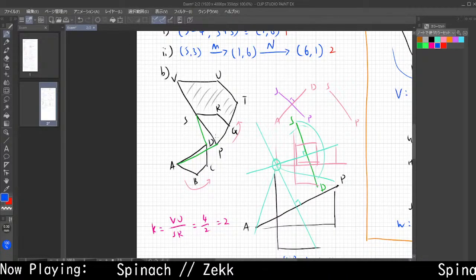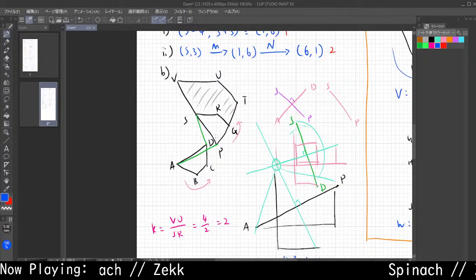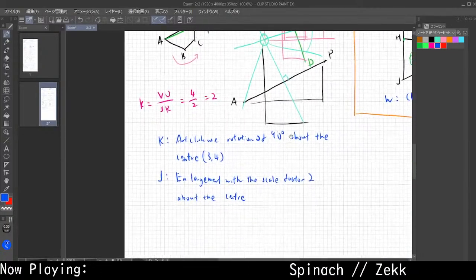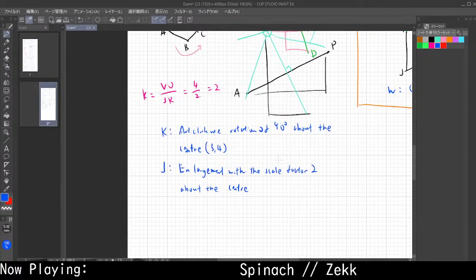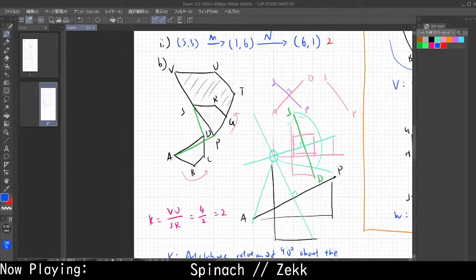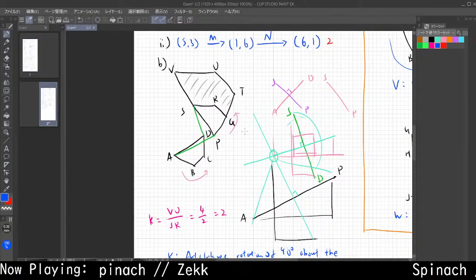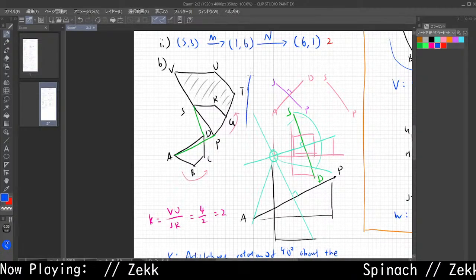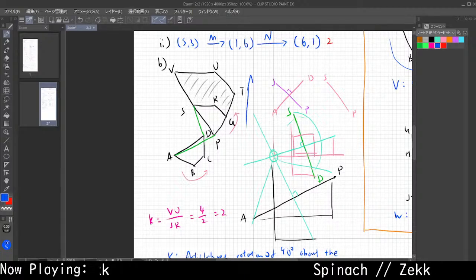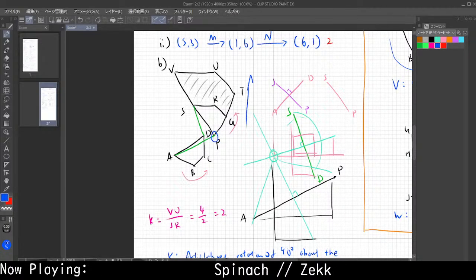Therefore, the center of enlargement is just P directly, because you start from the small shape and enlarge it to become the big shape. Everything enlarges from the point P over here.